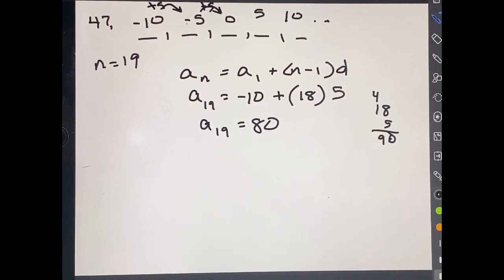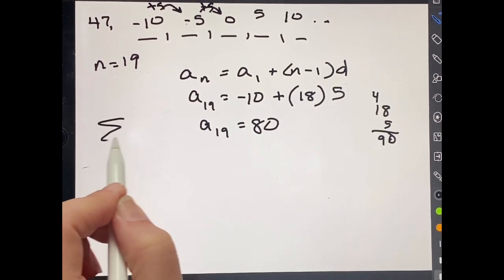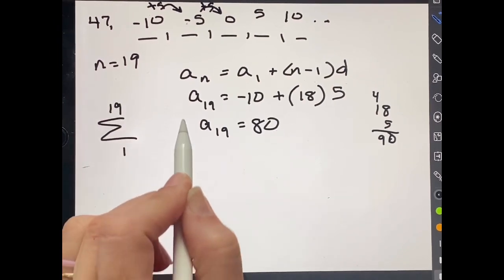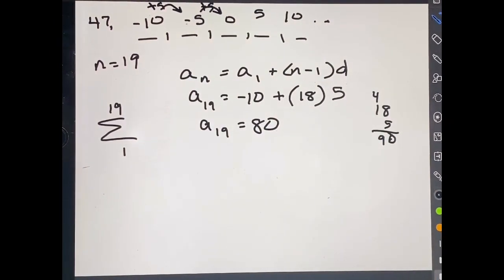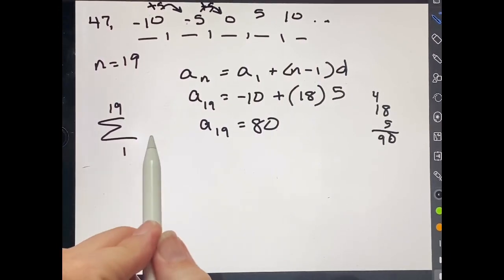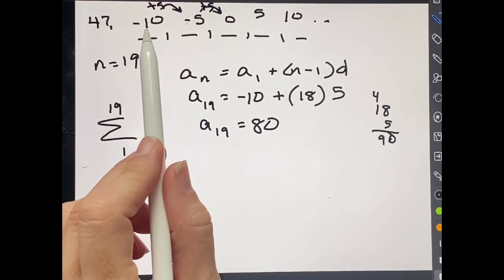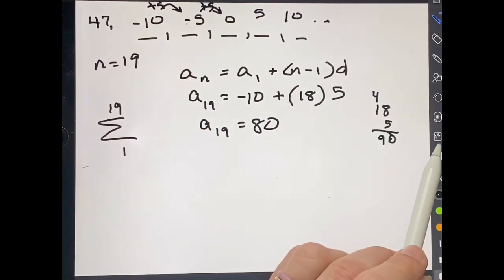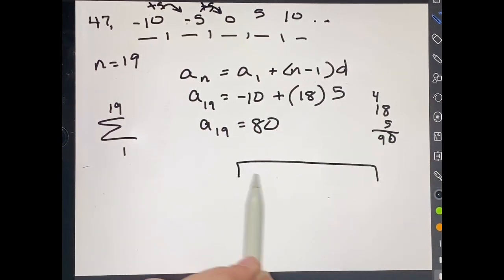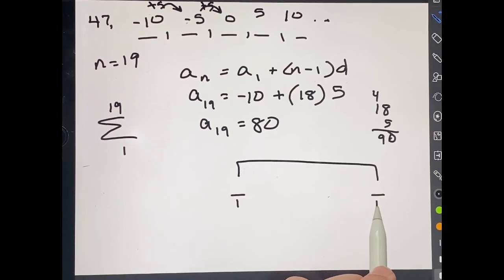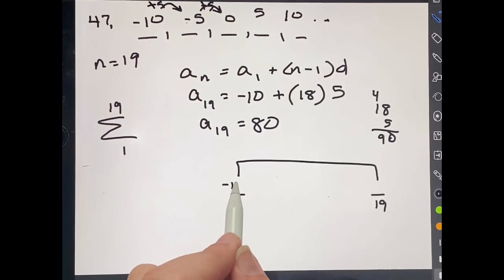Then the instructions say find the sum of the first n terms of this series. So now they want us to sum up from 1 to 19 the series that we have been given. Well, the only thing that we really need to know is we don't even need to write out the generic expression. We know that when we add the first term and the last term, we're going to get that pair. So our first term is -10.